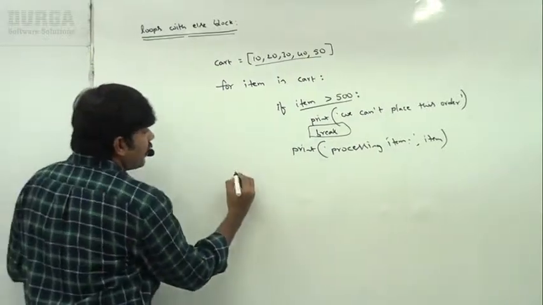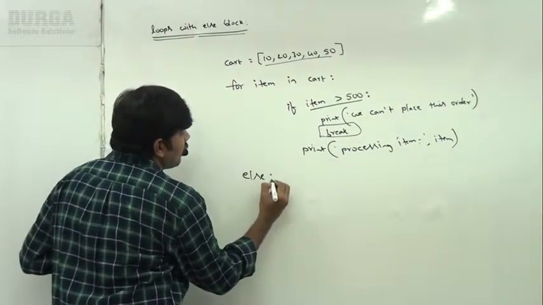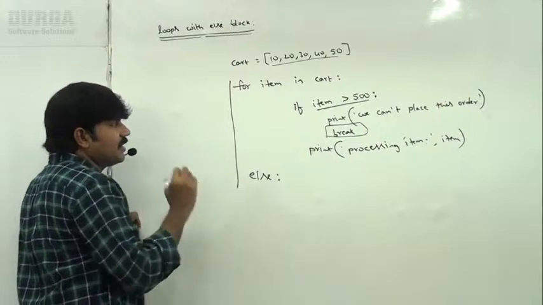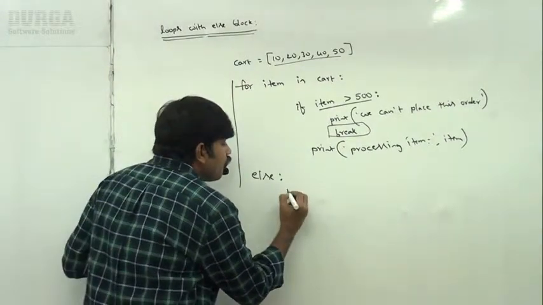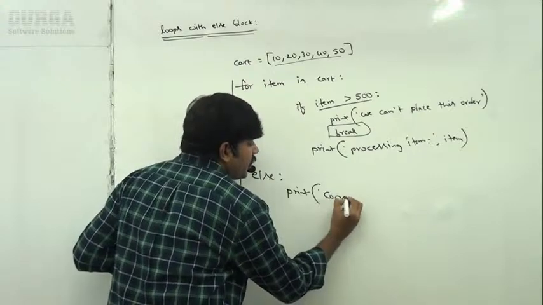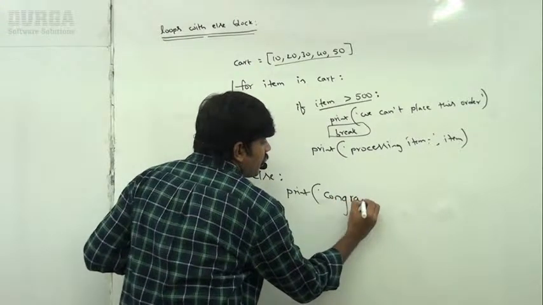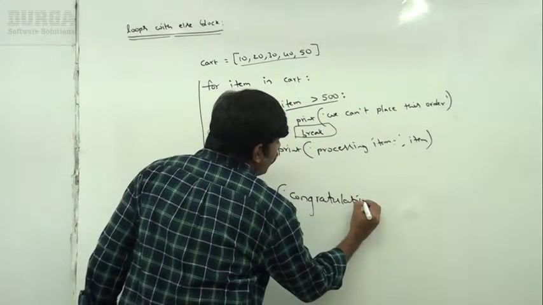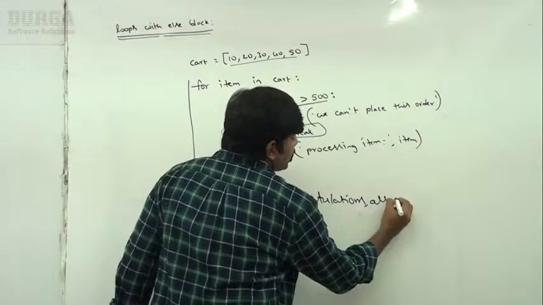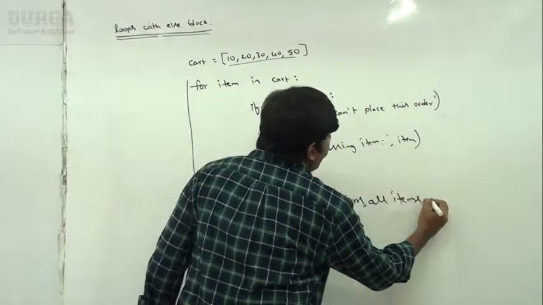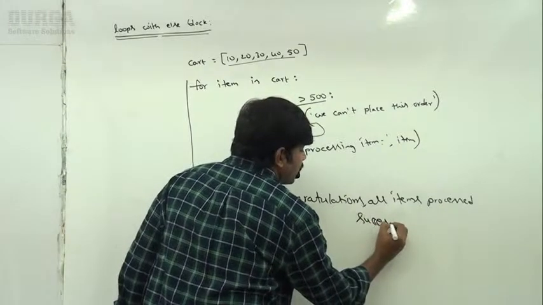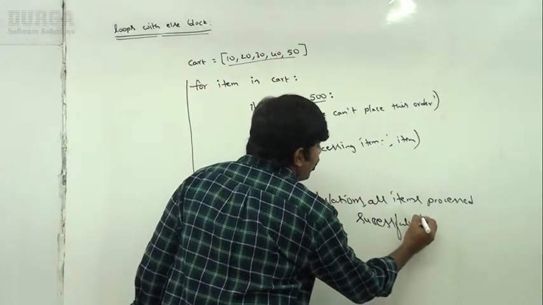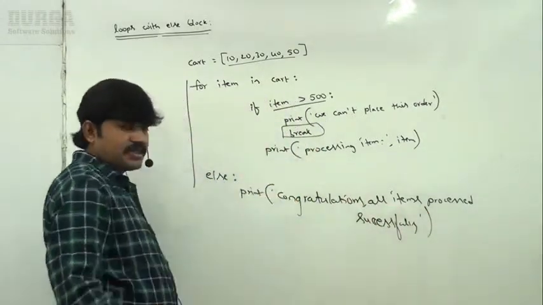This is a single syntax, for-else. Here print congratulations, all items processed successfully. I'm providing some print statement, right?